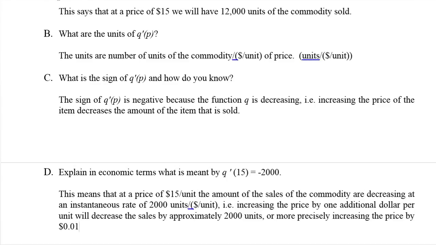By 1/100th of a dollar, or 1 cent, will decrease sales by approximately how much? Well, we divide the price by 100, we divide the units by 100 as well, so by 20 units.